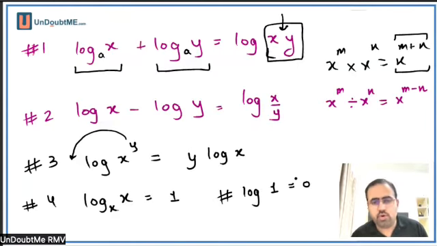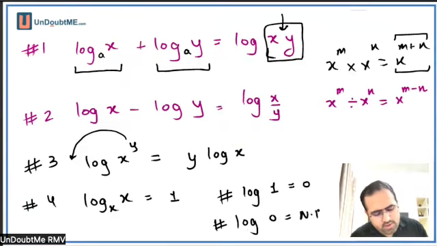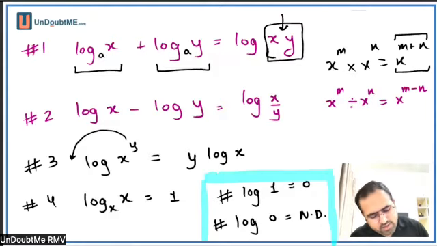It will be 0 always. Okay. And log of 0 to any base will be not defined. So at last what I have written, these are not properties, but these are other results, which we have to use in the questions as per the requirement.